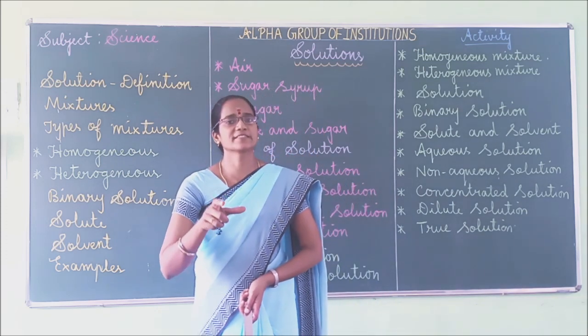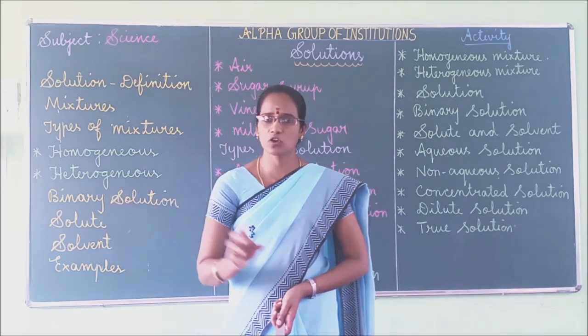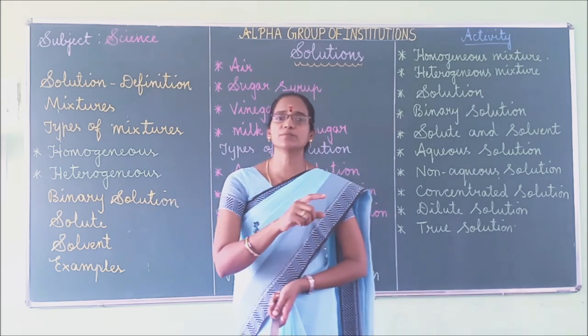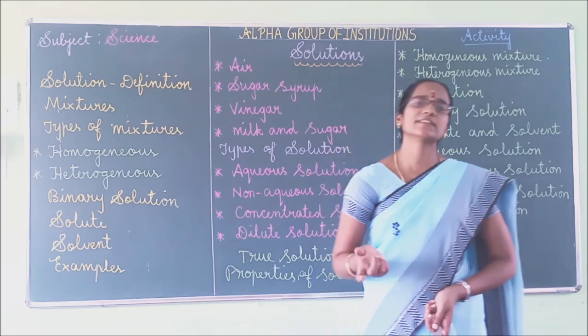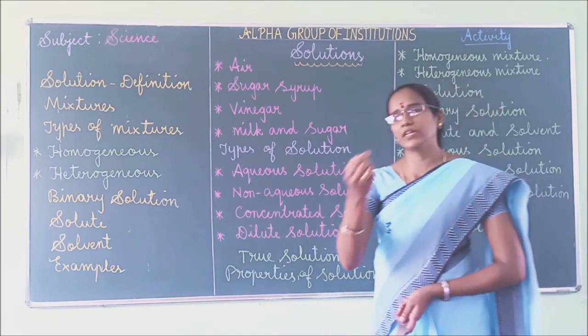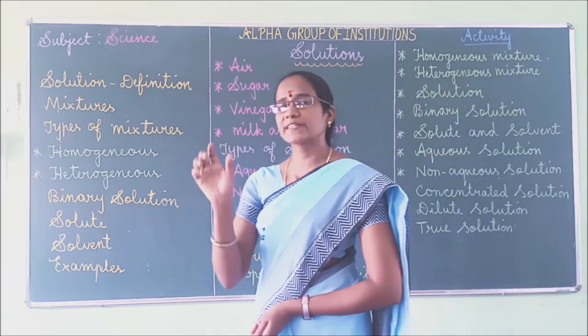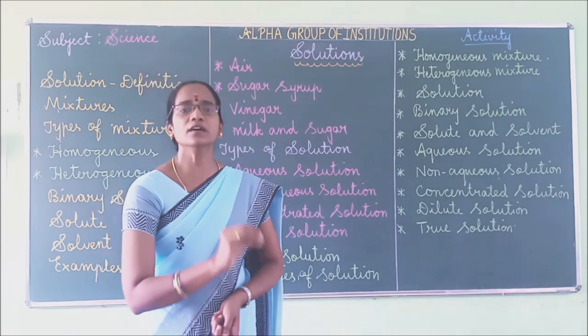So these gases act as a solute. Got it, children? Nitrogen makes up the largest portion in air, hence it is a solvent, whereas other gases are present in minimum level, so those gases act as a solute.